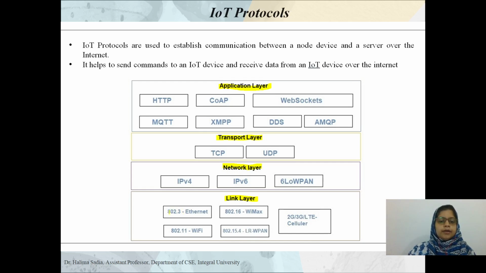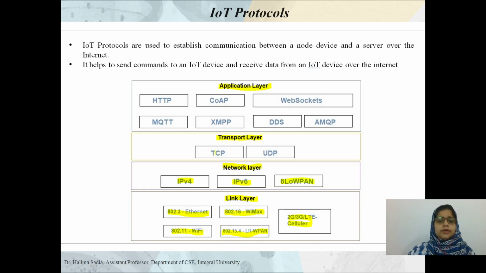In the link layer, we have 802.3 Ethernet, 802.16 WiMAX, 802.11 Wi-Fi, 802.15.4 LR-WPAN, 2G and 3G cellular networks. In the network layer, we have IPv4 protocol and IPv6 protocol and 6LoWPAN.